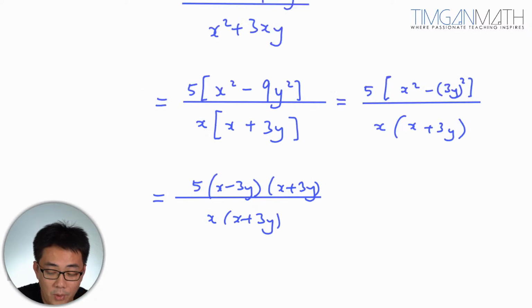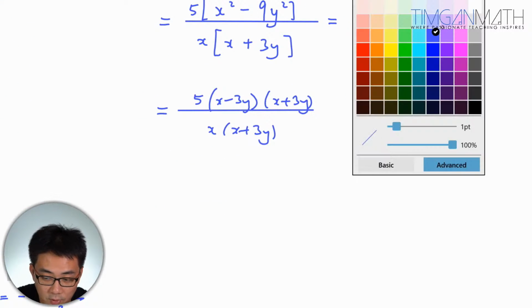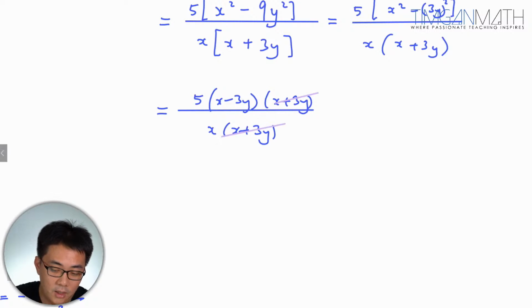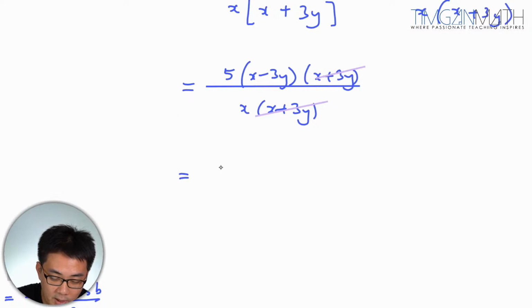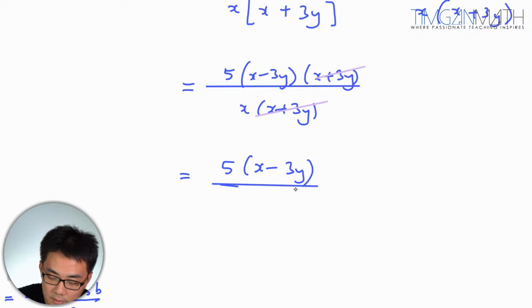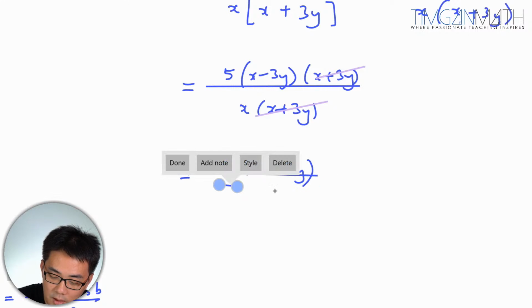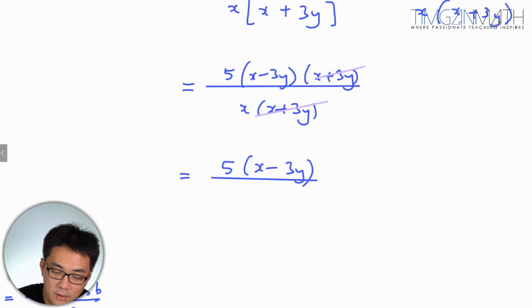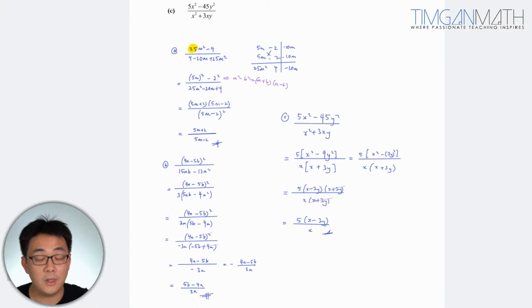Now there you go. When you simplify, always try and factorize, because once you factorize, you'll be able to see what the number is made out of. So 5 times x minus 3y over x. Okay, so that's how we simplify this here proficiently. So any question or comments, please do let us know. Keep practicing, and I will see you in the next question.